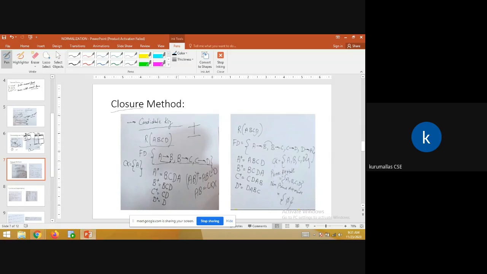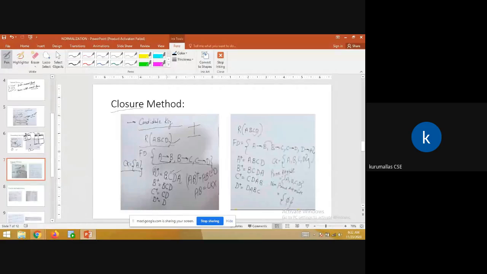Then b tends to c, so we place c with b. c tends to d, so we place d. A itself, by the reflexivity property, the closure of an attribute is itself and derives more attributes. So a, b, c, d, which is the given table R of a, b, c, d. So we conclude a is one candidate key, so candidate key CK equals a.